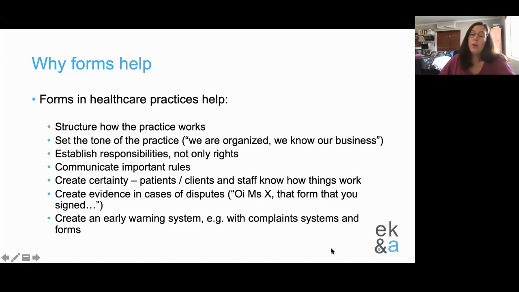Then it's also an early warning system. In particular, the complaints and compliments systems work very well, because if you receive a complaint, you'll know if this is so serious and the person feels so aggrieved that it could lead to something that you may have to report to your malpractice company. So whether you're with MPS or one of the others, it gives you just that early warning that you know something may be up.